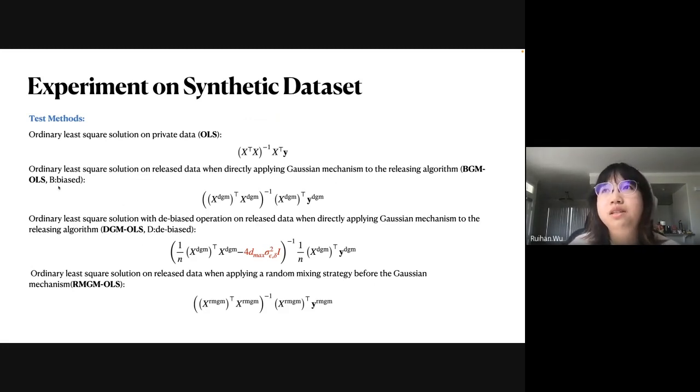We denote it as BGM-OLS. B here stands for bias, because the term inside this inverse has the bias. The third, DGM-OLS, is where we debias the term from above. And the last one is our proposed method, random mixing strategy before applying the Gaussian mechanism.